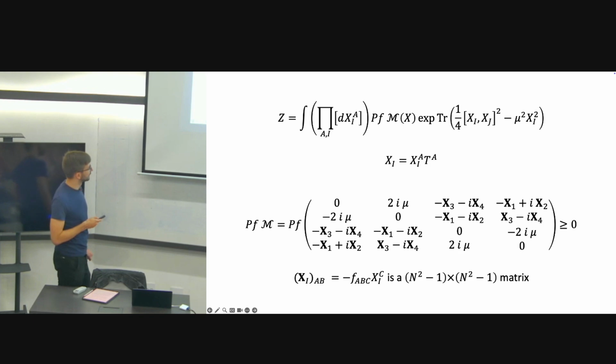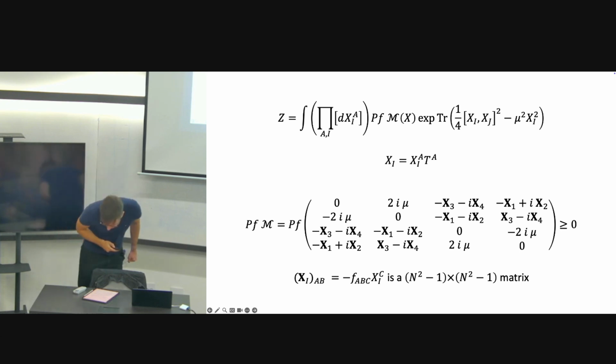So this is an N squared minus 1 by N squared minus 1 matrix. It's a huge matrix. And now that I define these bold x, the Pfaffian of M takes this form. It's the Pfaffian of a 4x4 matrix where each component is a block of dimension N squared minus 1 by N squared minus 1.